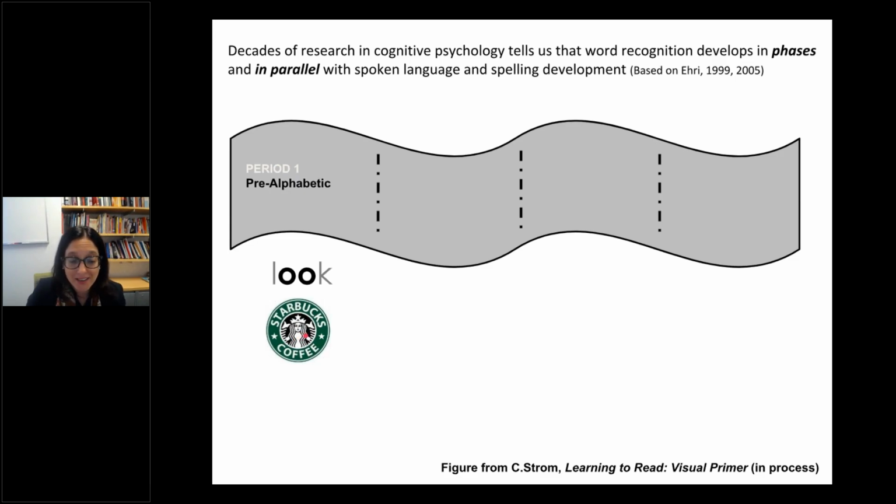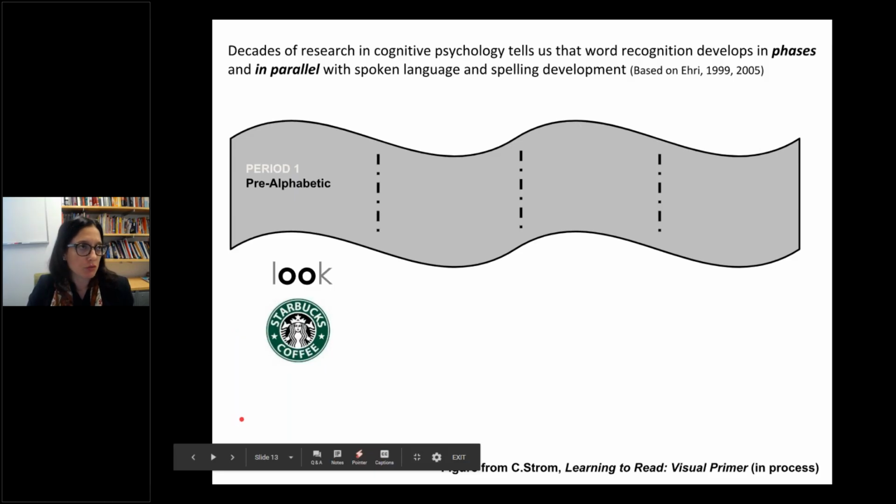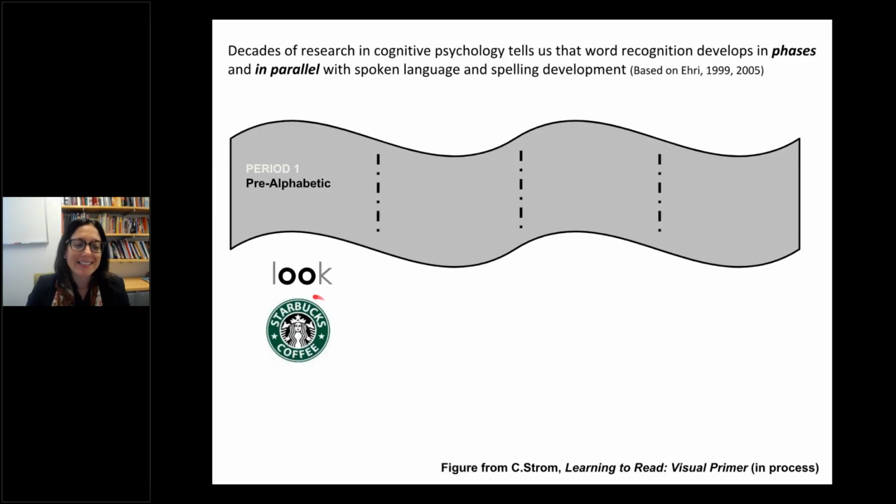One time when I was assessing a child who was around 6 and having difficulties with reading, the mom said, you know, I don't know what's wrong with him. He was reading since he was 3 years old. And I said, what was he reading at 3? And she said he would point at Starbucks and say Starbucks. Right? And that is a kind of reading, but it's pre-alphabetic reading, which means that they're using context and visual symbols.